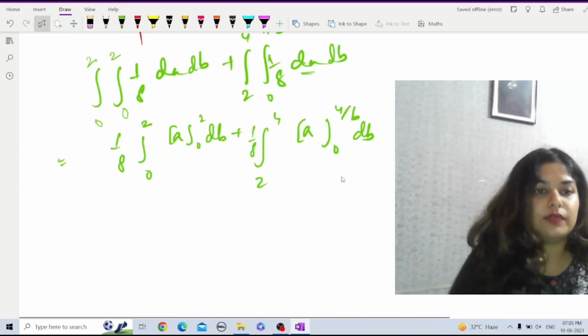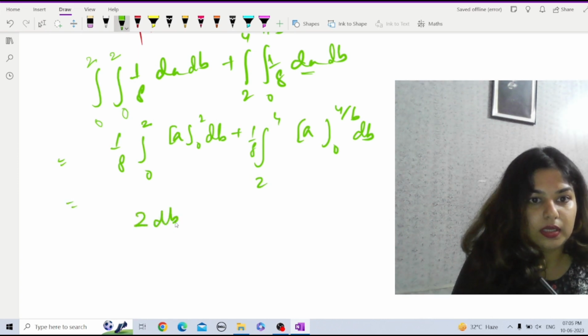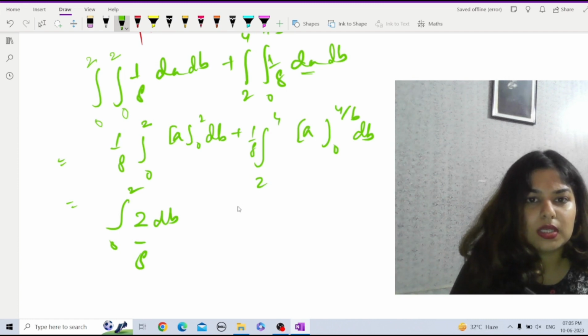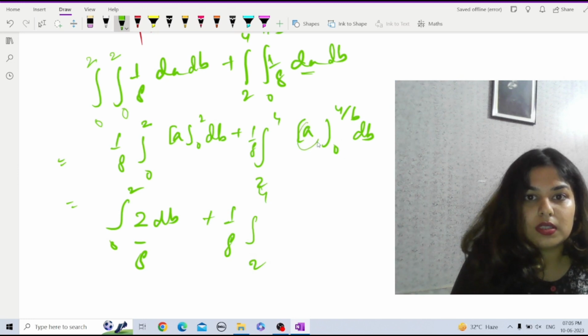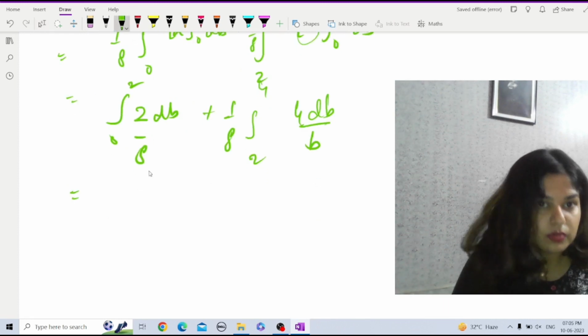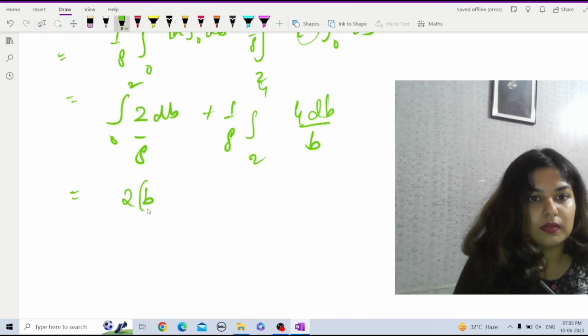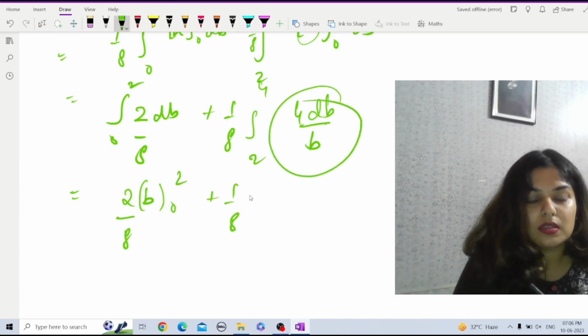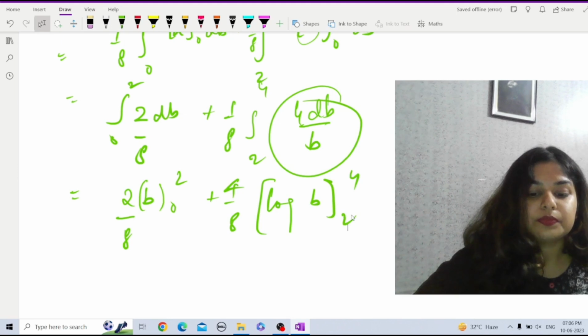If you put the values, we have 2 dB by 8 from 0 to 2, plus 1 by 8 from 2 to 4 of 4 dB by B. So this equals 2B within 0 to 2 by 8 plus 1 by 8, so this is 4 by 8 log of B within 2 to 4, right?